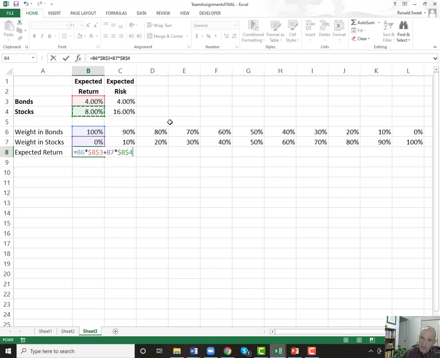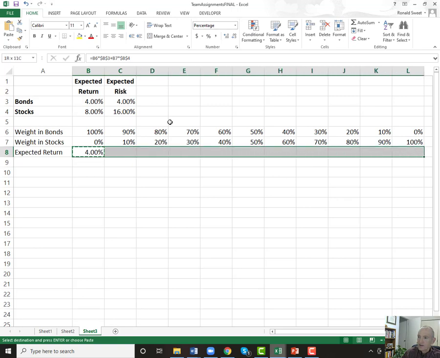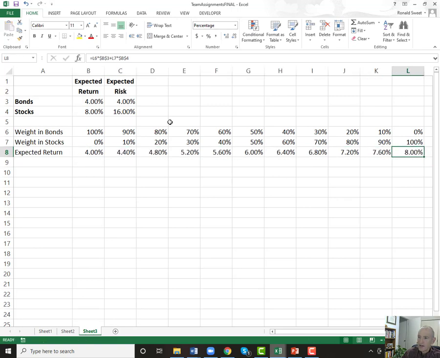So if I have 100% in bonds, obviously my expected return will be 4%. I can copy that over, and you'll see when we get up to 100% in stocks, our expected return is 8%. So expected return is just the weighted average of the weights times the expected return. It's very simple. You should have seen that in an earlier class.